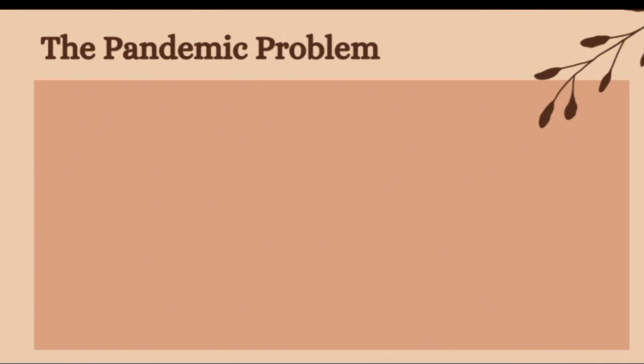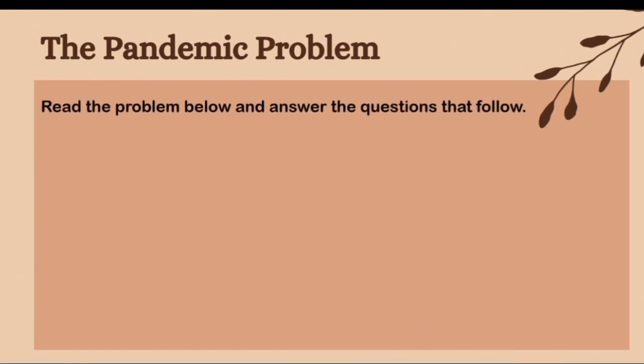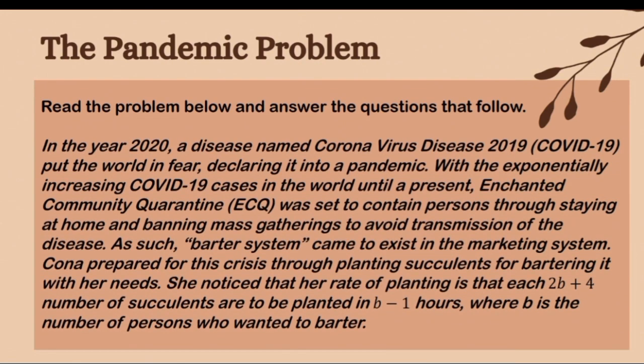So, the pandemic problem. Read the problem below and answer the questions that follow. In the year 2020, a disease named coronavirus disease 2019, which is COVID-19, put the world in fear, declared a pandemic with the exponentially increasing COVID-19 cases in the world until the present.